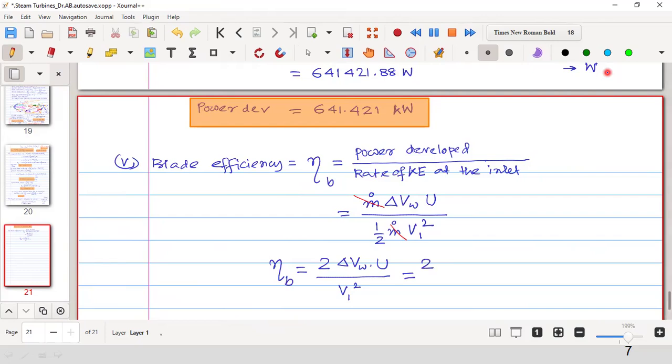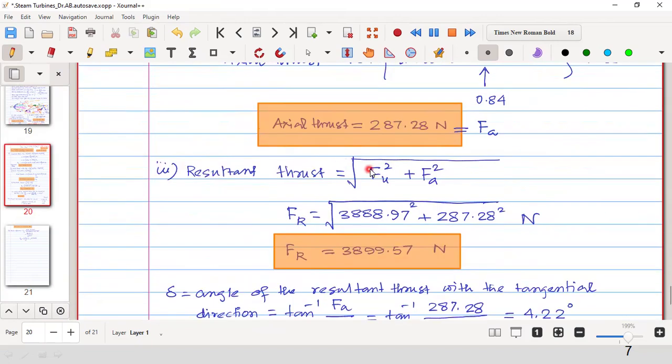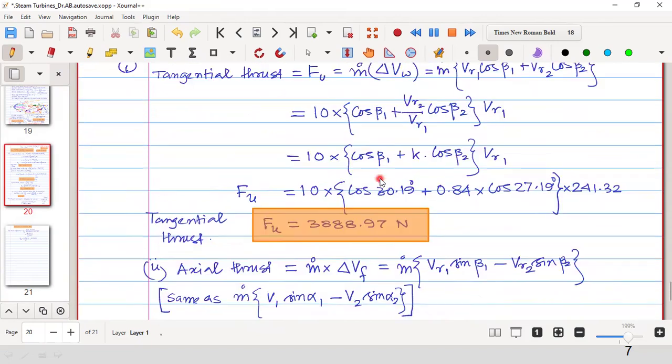So 2 VR1 cos beta 1. If you calculate it separately, then it will be easy to do.